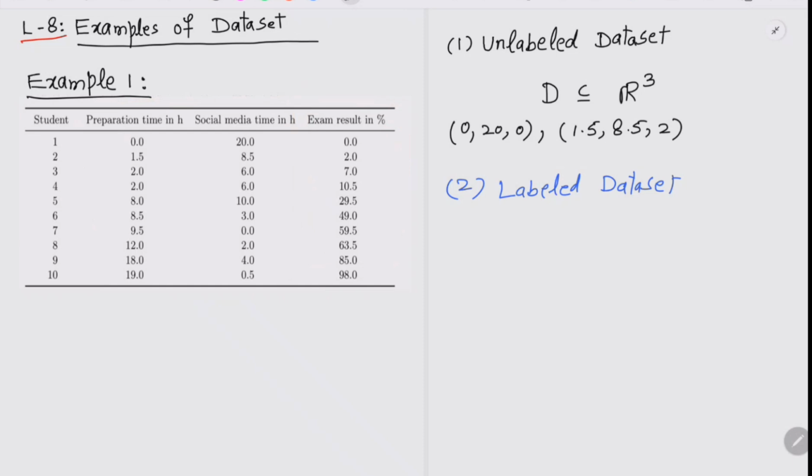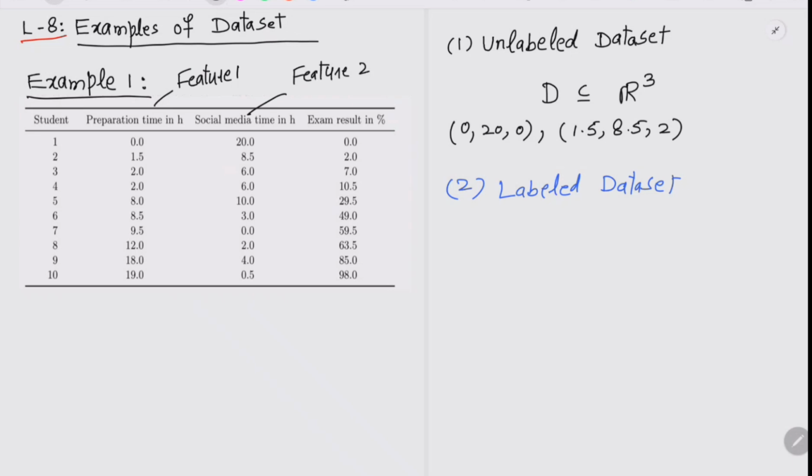So it means that this data set will have some values. The first column, for example, is feature 1, and this is feature 2.